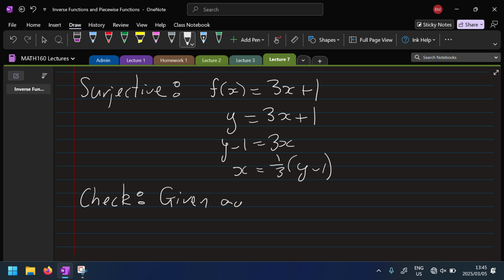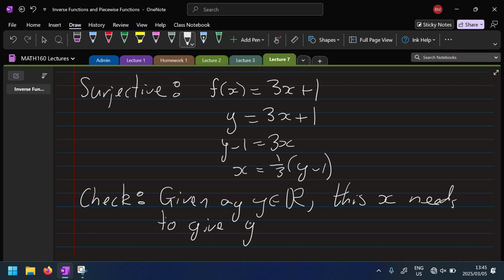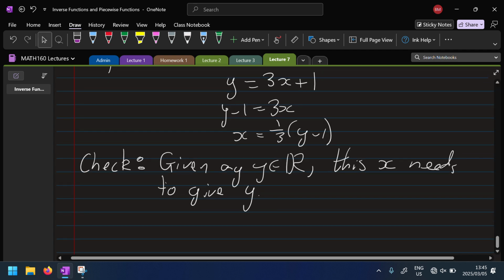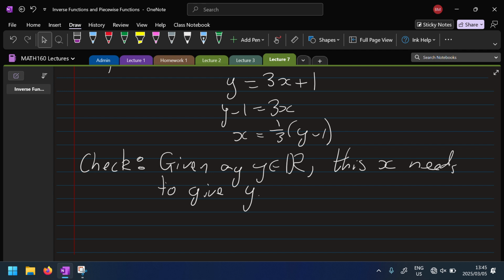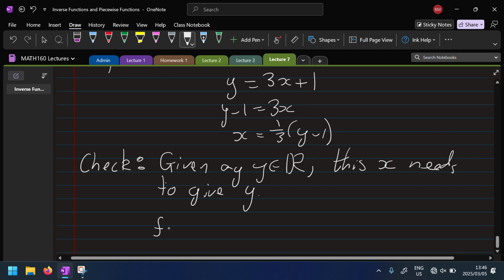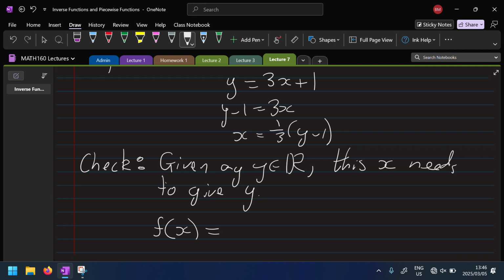So given any y in the target, this x needs to give y. Again, I've just rewritten the definition. For y from the target, that x needs to give me y. So let's check. What is f of x? My claim is that this x is what does it.